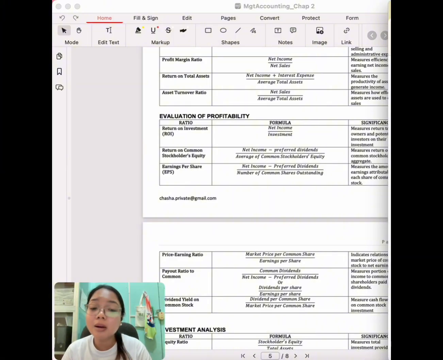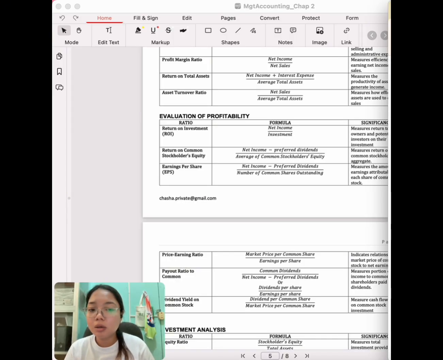So, investors are paying 10 pesos in market price for every 1 peso of earnings per share. So, sa module natin, it describes this ratio as indicating the relationship of the market price of the common stock to net earnings. Okay?